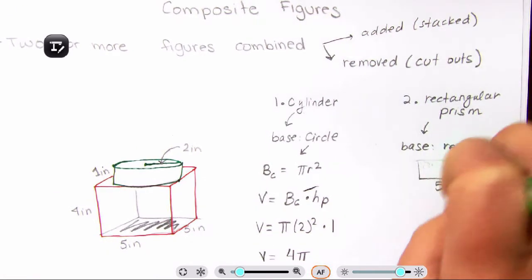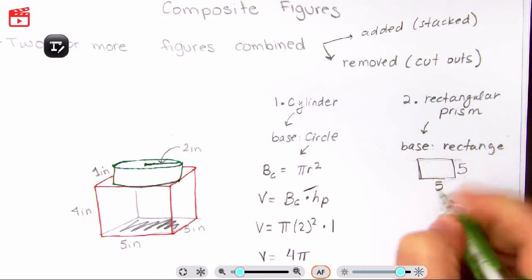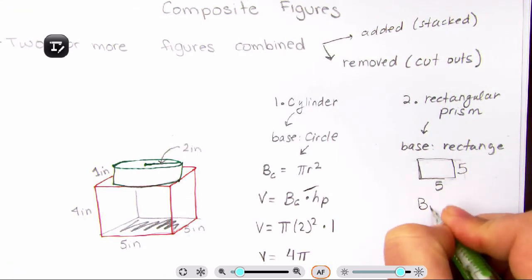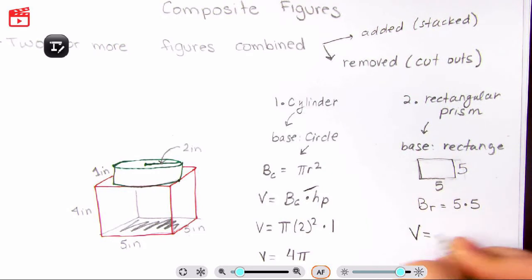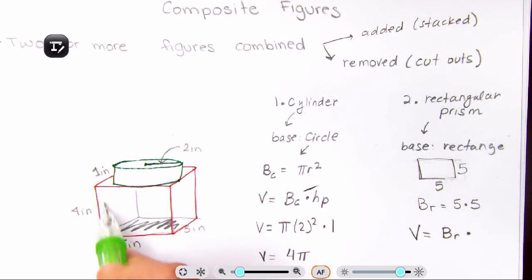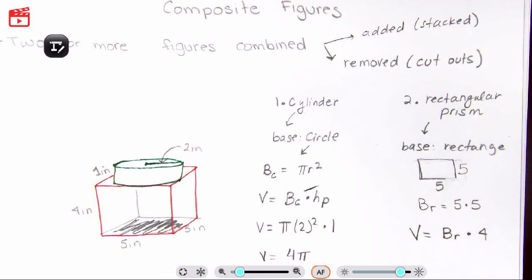I'm going to draw it a little bit better so it can represent 5 by 5. So the volume is the area of the base, the area of the rectangle, times the height of the prism, and the height of the prism here is 4. I don't have to shift it because I chose this to be my base.